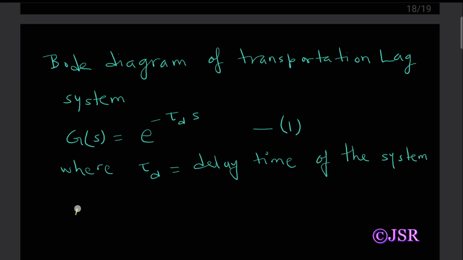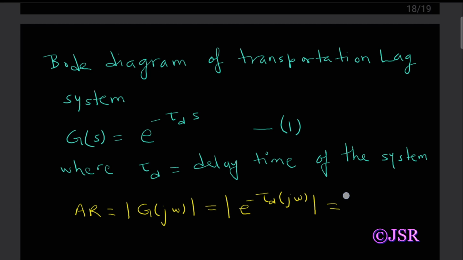So now let's find the amplitude ratio. The amplitude ratio will be the magnitude of G of j omega, and this will be the magnitude of e to the power minus tau d j omega.